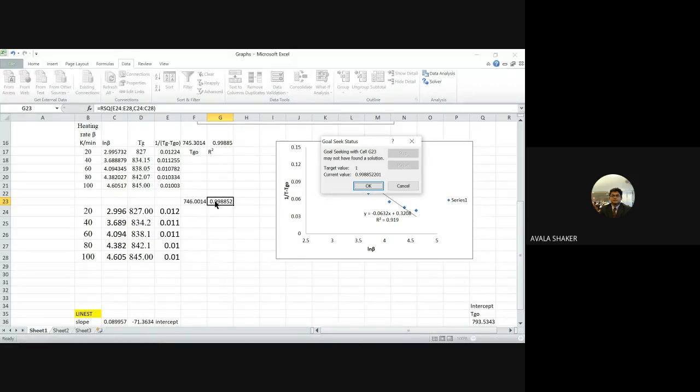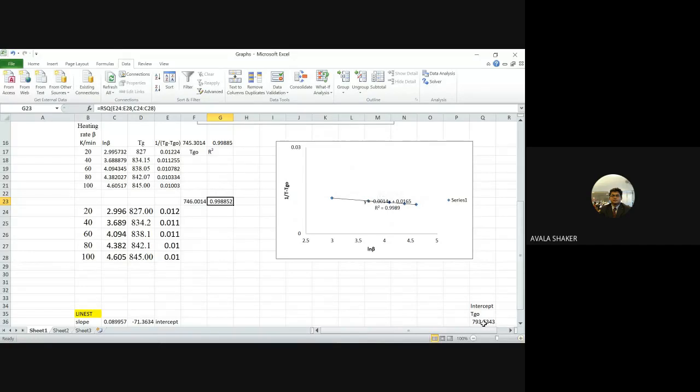We could see that it was doing the calculation. So if the value is 746, then I'll get a regression value of 0.9985. Okay, so this is what we get.